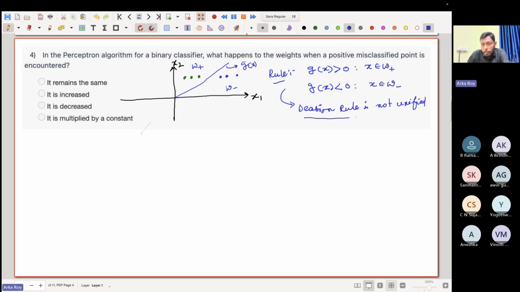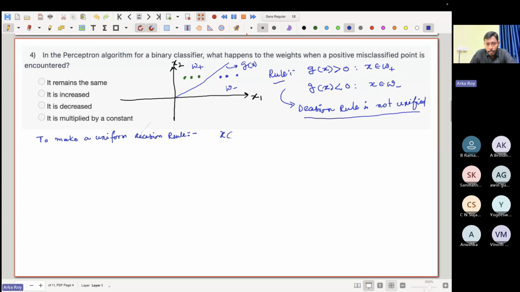That is the first point that you have to consider. The decision rule is not unified. So to make it a uniform decision rule, you can write it like this.